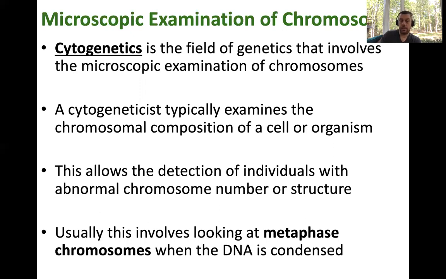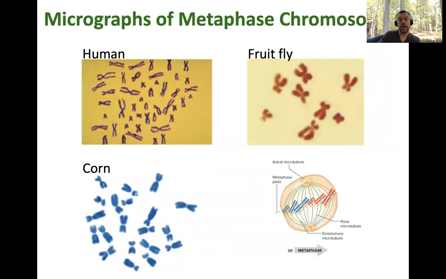Normally, that person will be looking at metaphase chromosomes. And the reason is, as you guys know from the work that we've done on cell division, and if you look at the bottom right-hand corner of this slide, upon metaphase of meiosis or mitosis, the chromosomes are very condensed, meaning they're not long strings anymore. They've brought themselves into a condensed state.